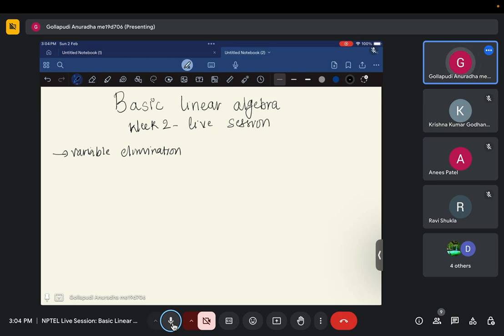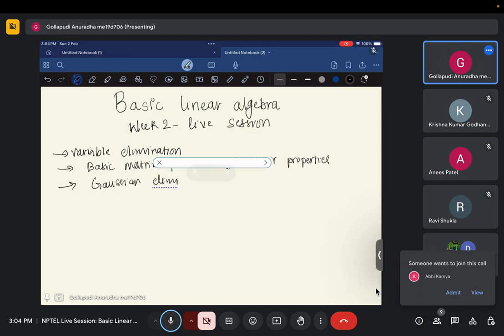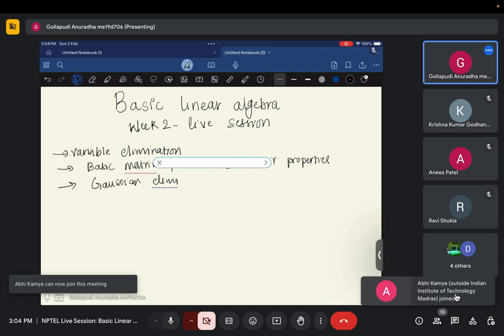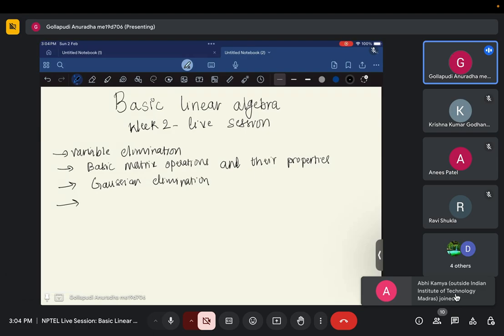And then we saw some basic matrix operations and their properties. We saw Gaussian elimination. We saw what is row echelon form.